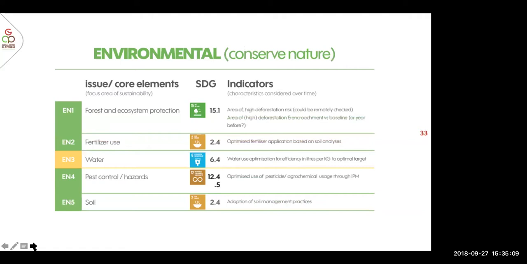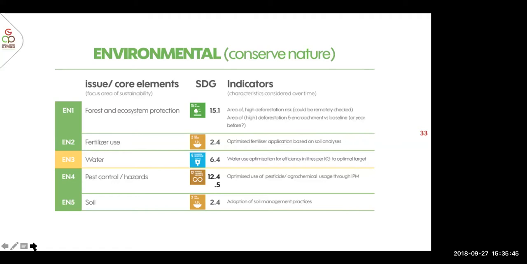Then last but not least, in an area that is also relevant to the things we are discussing today, is the area of conservation of nature. On this one, some of the key core elements in relation to coffee are forestry and ecosystem protection, inputs and specifically fertilizer use, water use, pesticides or pest control and hazards, and last but not least, the issue of soil.